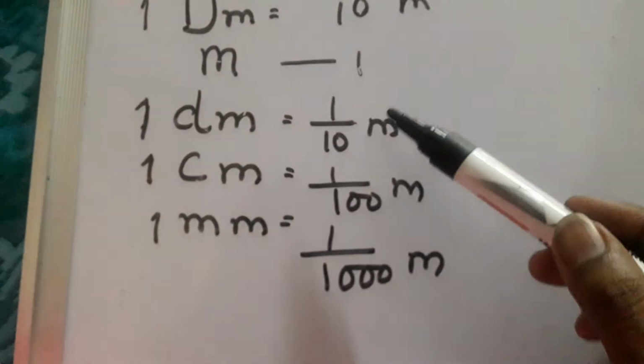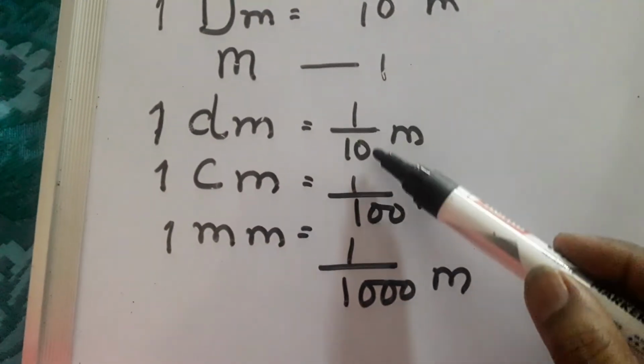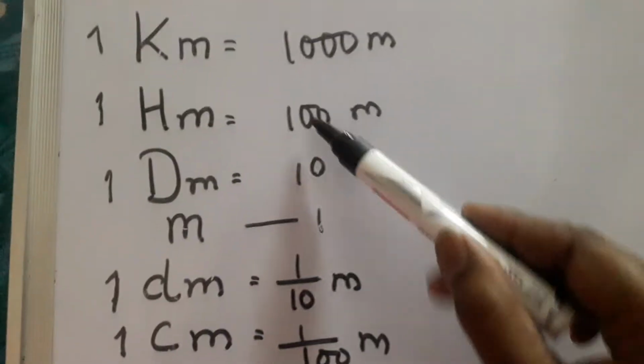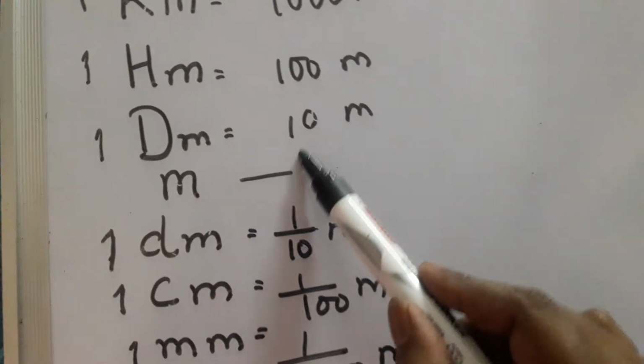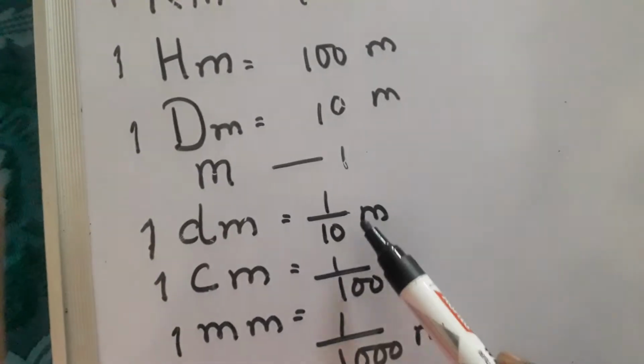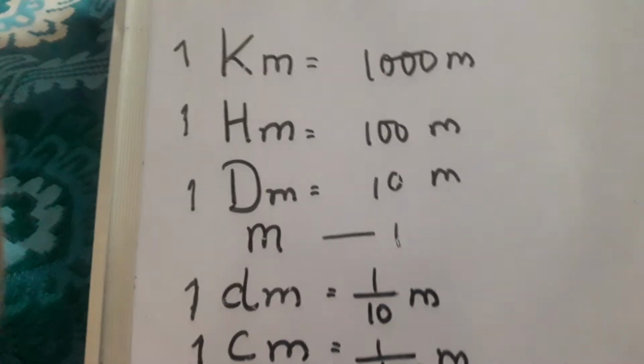And when we come down, 1 upon 10, 20, 30. Understood? We will start from here. 1, 10, 100, 1000. 1 upon 10, 1 upon 100, 1 upon 1000.